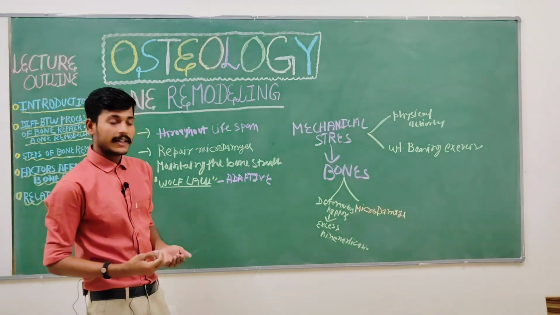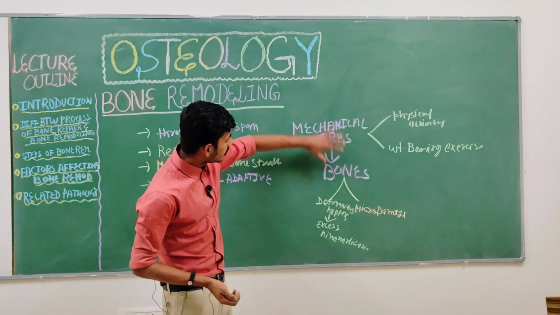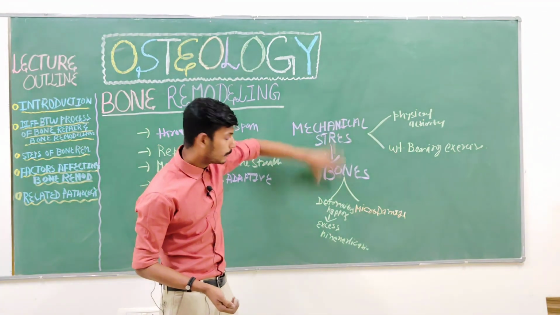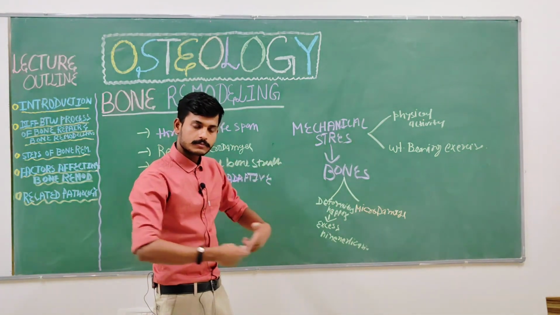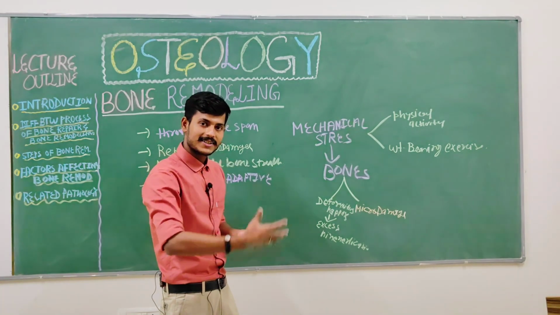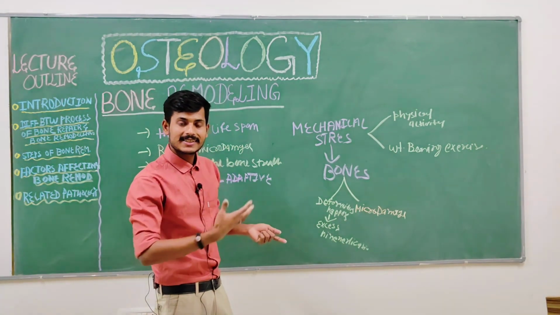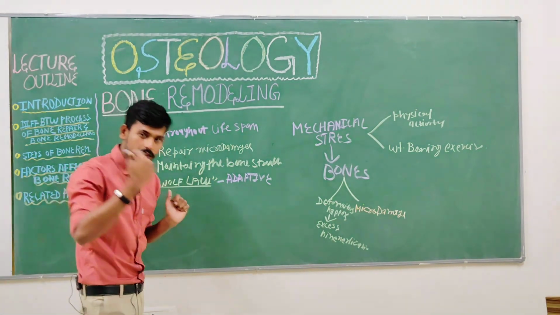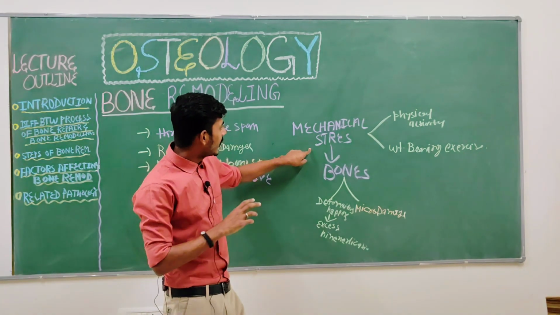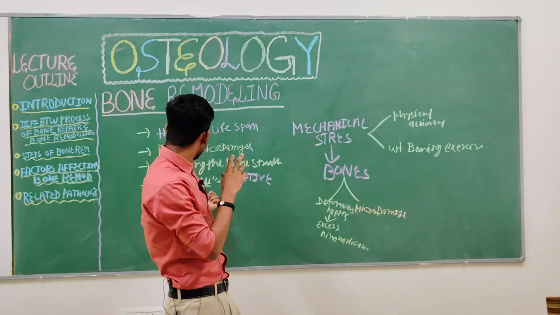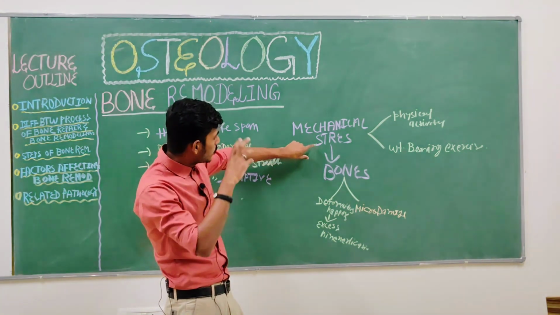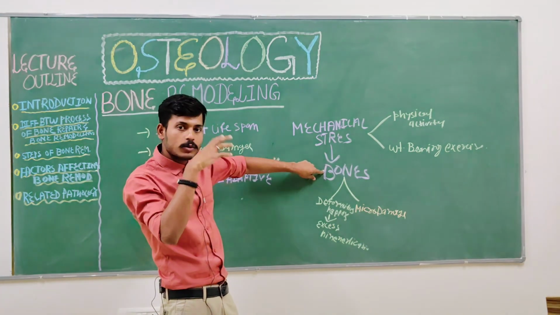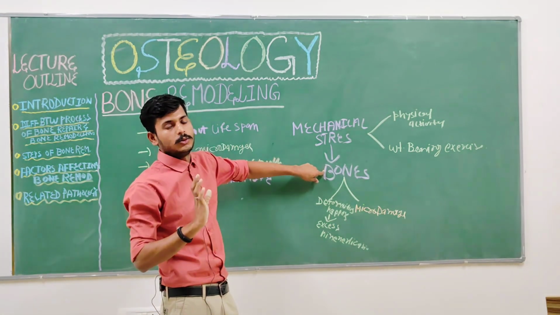What does adaptive mean? It means you can put mechanical stress, or we can say a load, on the bone, and the bone will try to adjust or tolerate this load by the process of bone remodeling. Let me say it once again: this law says that you are putting load on the bones, and bones have the capacity to tolerate those kinds of loads.